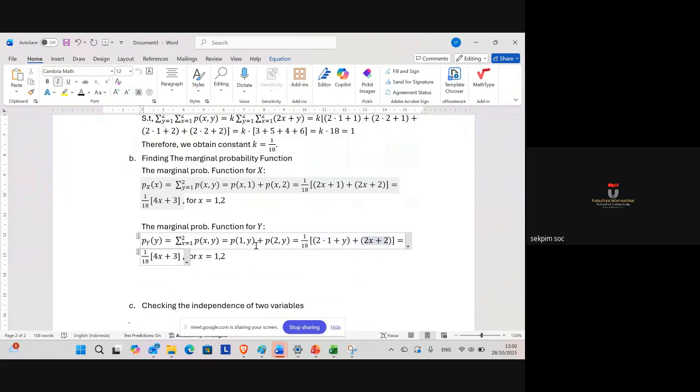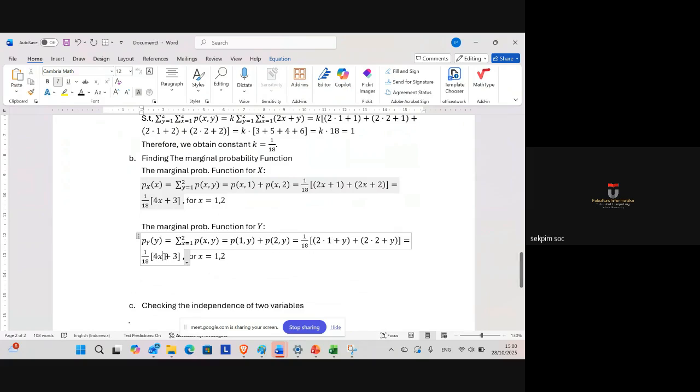And we get here 2 times (2 plus y), right? Such that this one is 2 plus y, this is 4 plus y, so we get 6 plus 2y.